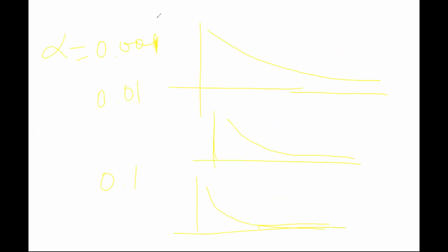Now let's see these cases. In this case it is decreasing a little slowly. For 0.01, it's decreasing faster than the one above, but slower than the one below. In this case it is decreasing, and it is not increasing. It's always decreasing, and decreasing fast enough.